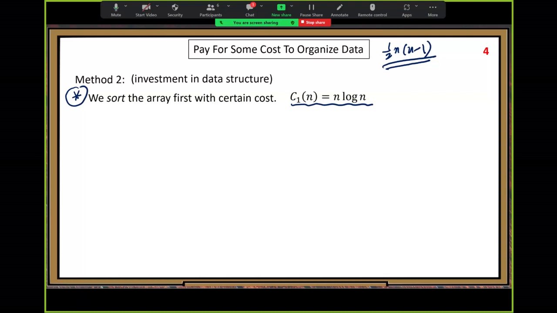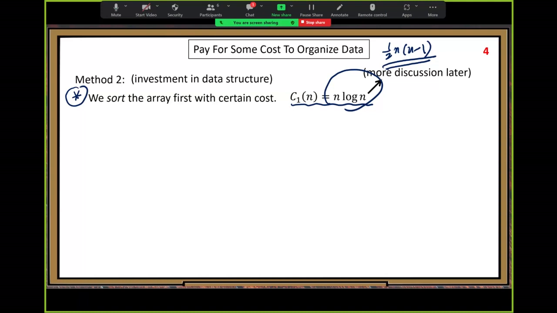Later I will show you how to get this n log n number of comparisons to sort a given array with n elements. So this is our data organization cost, the preparation cost, the first step.